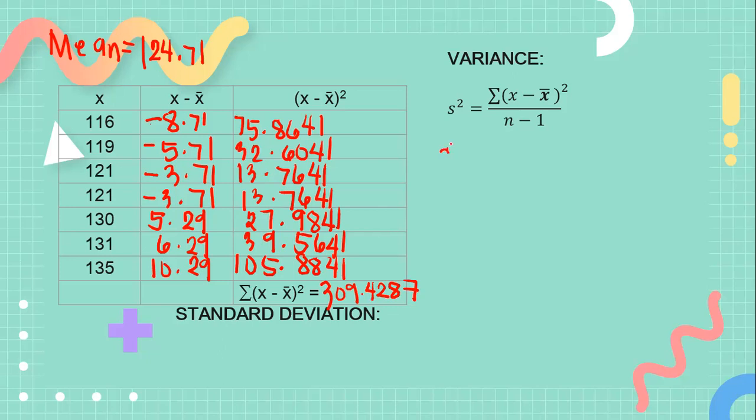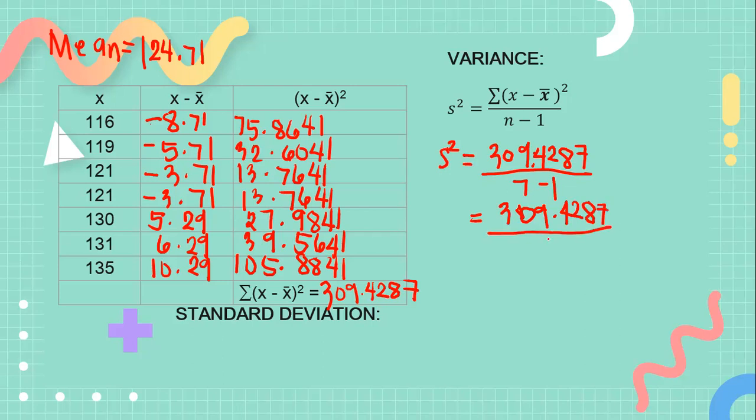So we substitute: 309.4287 divided by 7 minus 1, because we have 7 data points. So 309.4287 divided by 6.